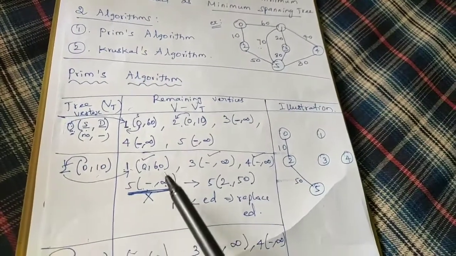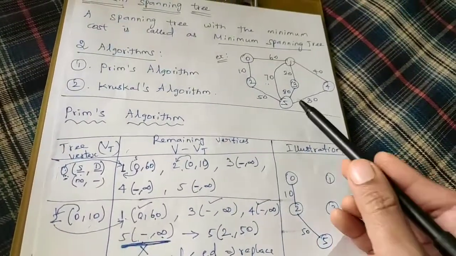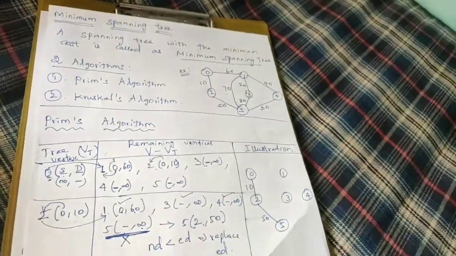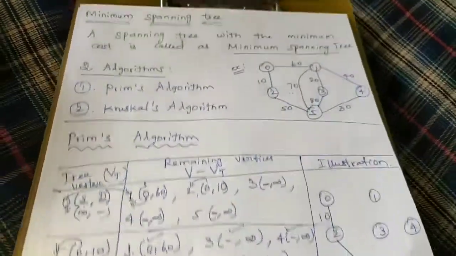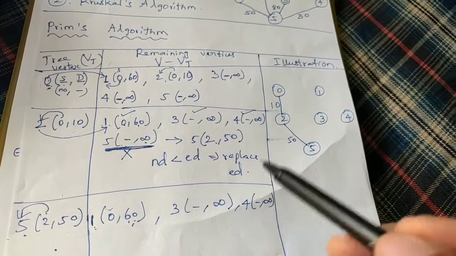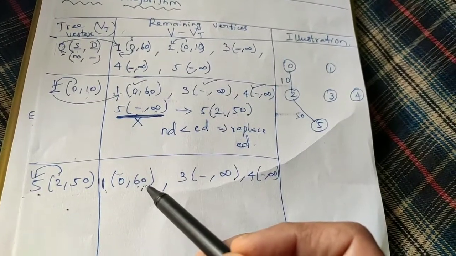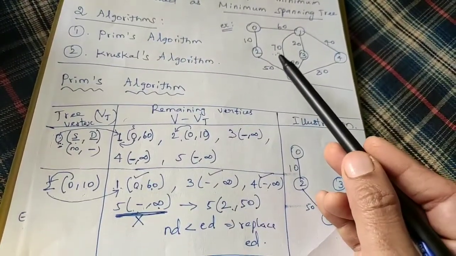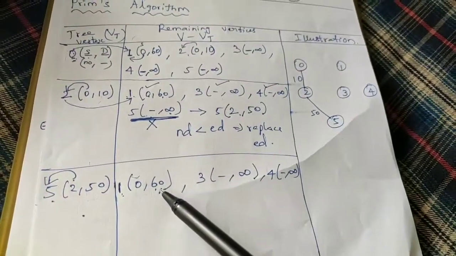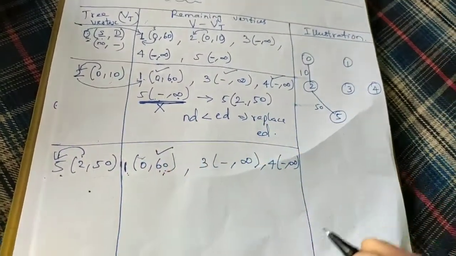That is, existing distance is 60, new distance is 70. When you need to replace the distance, if the new distance is less than the existing distance, then you will replace. But here in this case, new distance, that is 70, is not less than 60. So I will not replace anything here. This remains as it is.